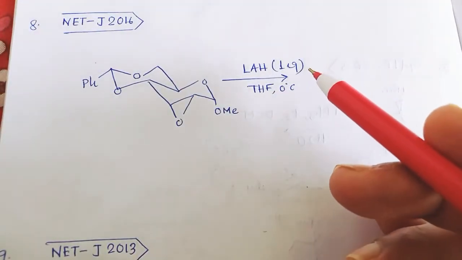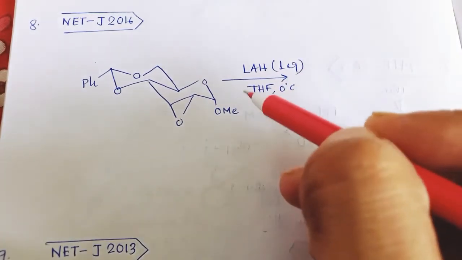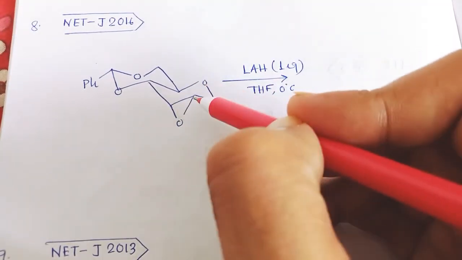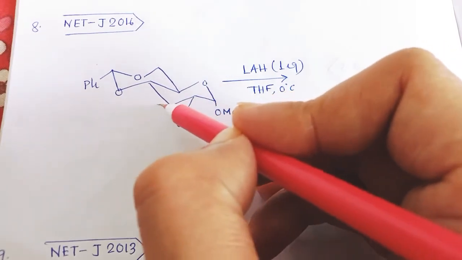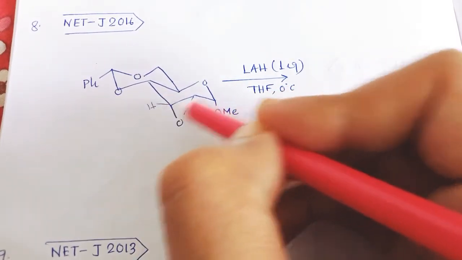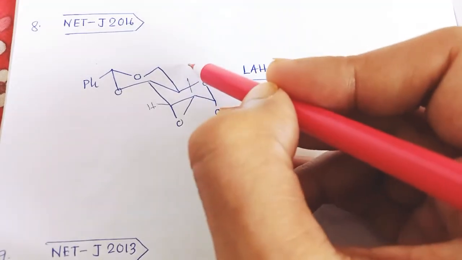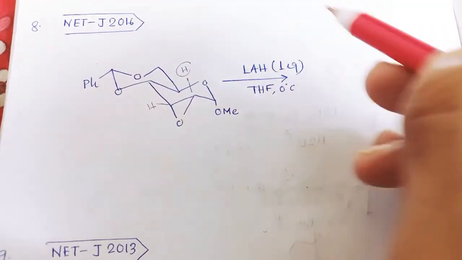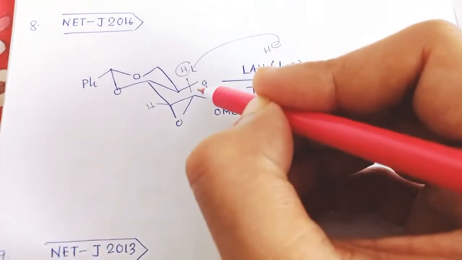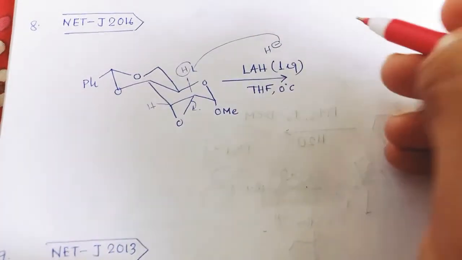Pretty simple question. Here LAH is given and it will attack from which position? This one or this one? Here you can see this is the equatorial hydrogen and this is the position where hydrogen is axial. So hydride attacks from the axial side, this side, and this bond will break.